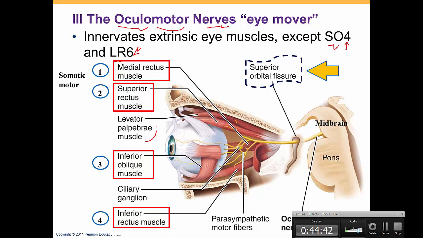In addition to that, we have the levator palpebrae muscle, which also is supplied by the oculomotor nerve. The oculomotor nerve also gives parasympathetic innervation, or I should say just autonomic innervation, to the iris muscles.